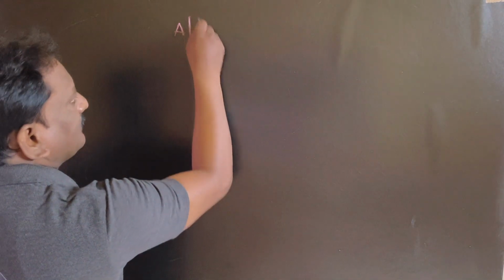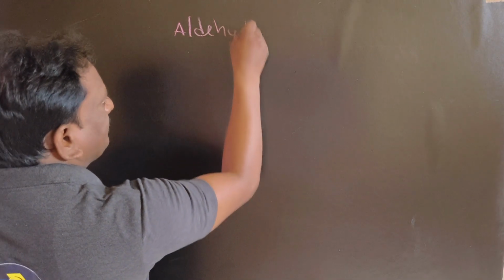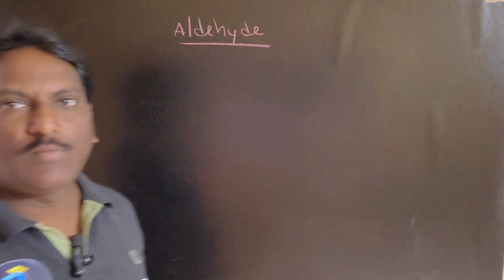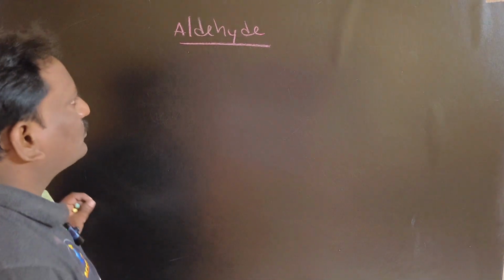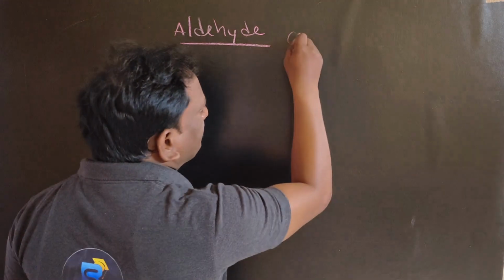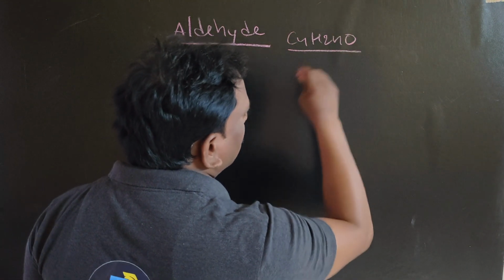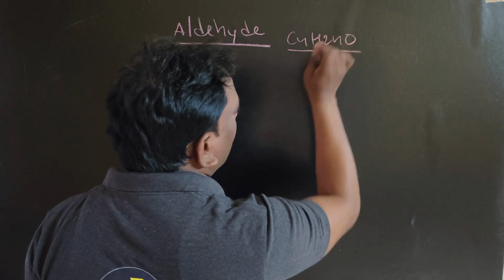Right, next compound: aldehyde. The general formula of aldehydes is the same as ketones, CnH2nO.